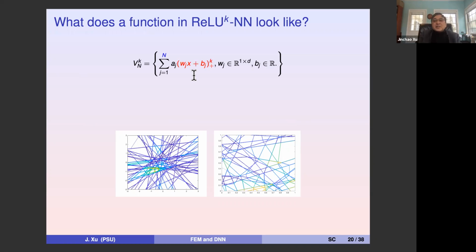If you think about what the boundary is, the boundary is the discontinuity of this guy here, namely the zero level set of w_j x plus b_j, which are hyperplanes. So you imagine yourself in multi-dimension, you have hyperplanes that cut through each other. Then you have this crazy looking grid there. That's my finite element grid.